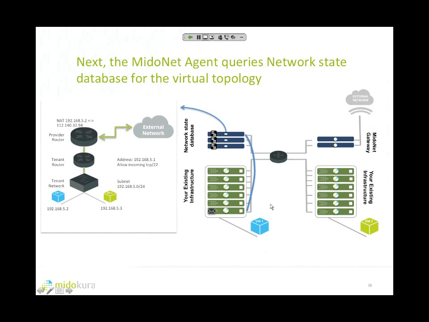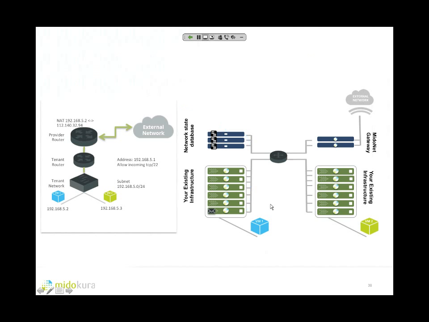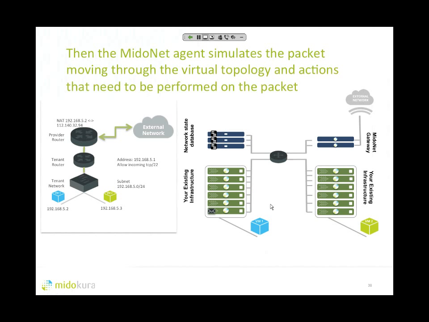The agent will pull down that information locally to the compute edge, and then it will simulate the packet going through the network and applying any necessary rules that were created by the tenant.